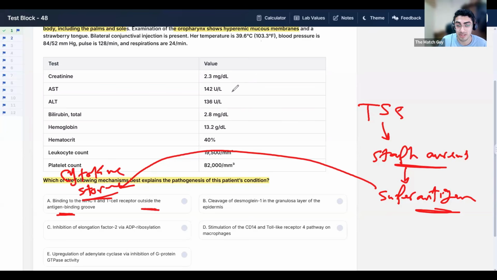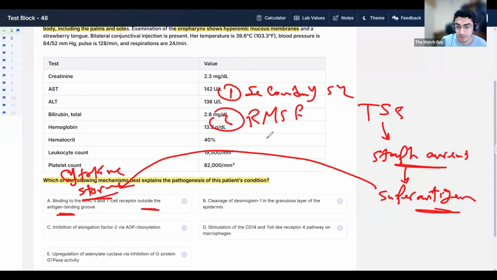Can someone tell me the other causes of rash in palms and soles? Secondary syphilis. Okay, secondary syphilis. What else? Rocky Mountain spotted fever. Nice. What else?